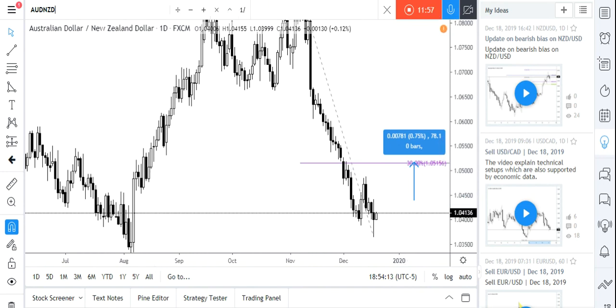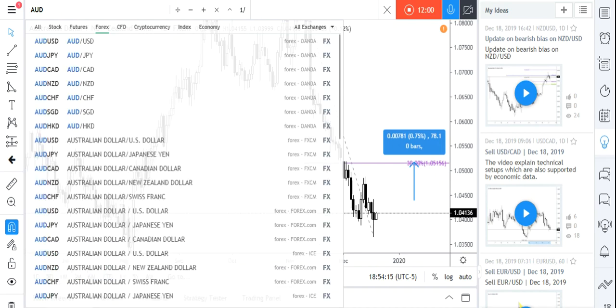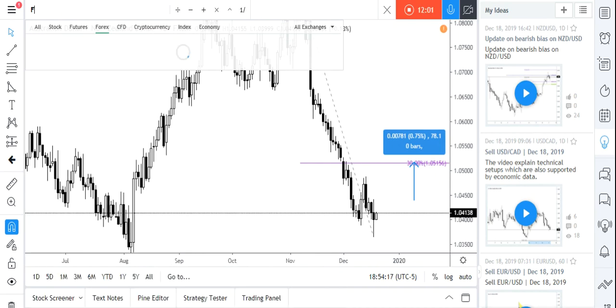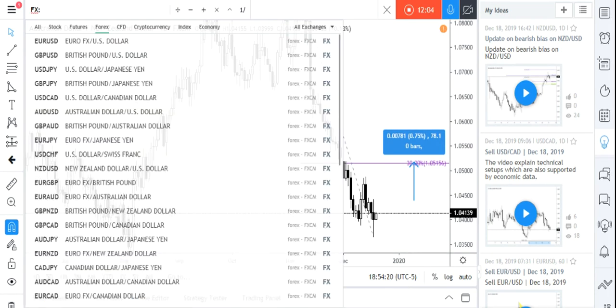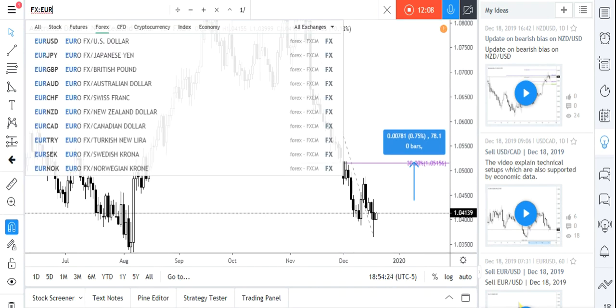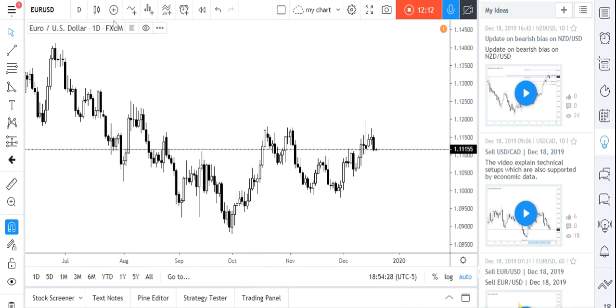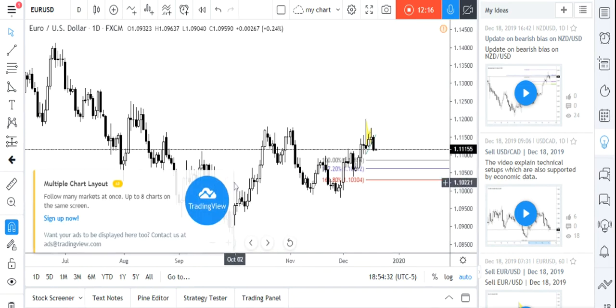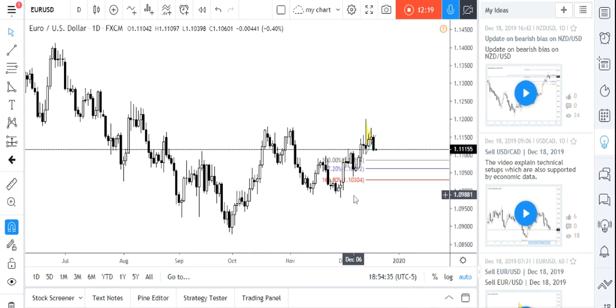And it happens. That's why, for example, if we go back and compare the movement of Euro USD, find the correlation between Euro USD and AUD USD, you will find there is a very good correlation. For example, let's see on the Euro USD, when price was moving down, AUD USD tried to go up but couldn't.